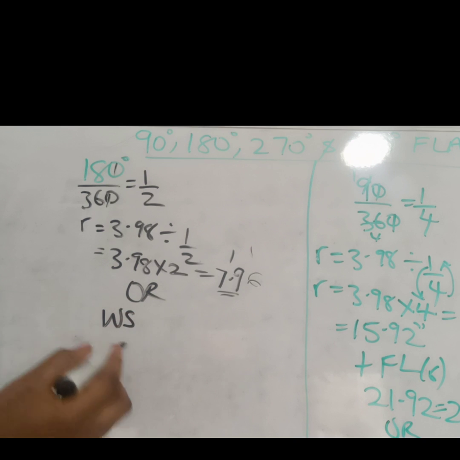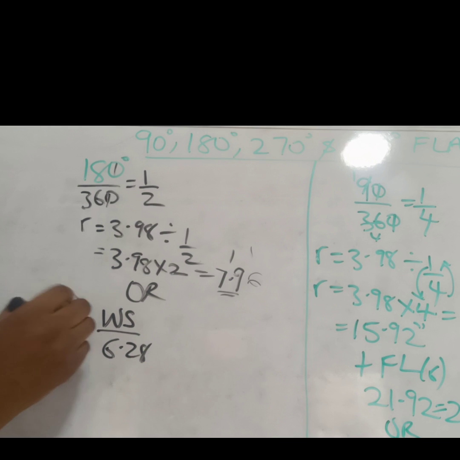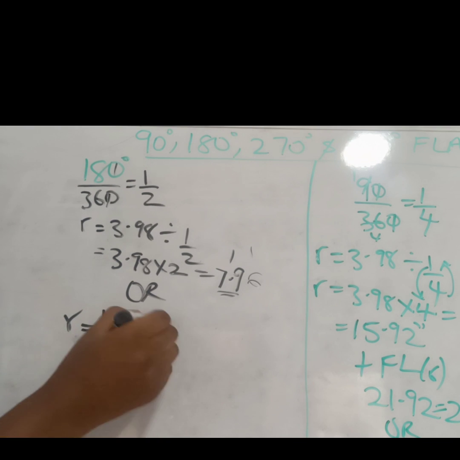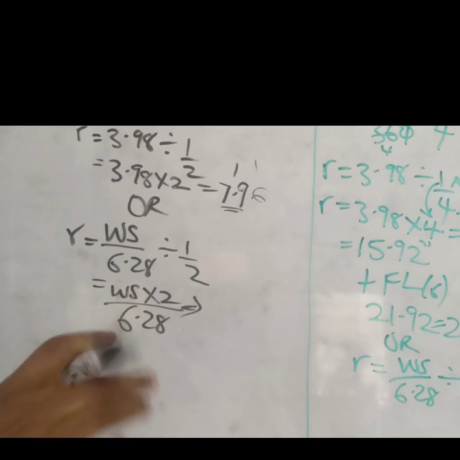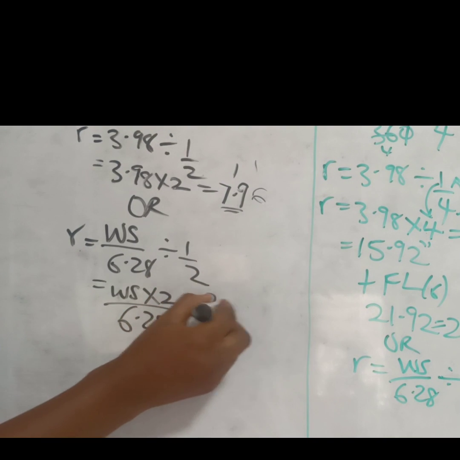the waist over 6.28, which is the radius, you now divide by 1 over 2. So that means you multiply the waist by 2 first before dividing by 6.28. And in this case, our waist is 25.